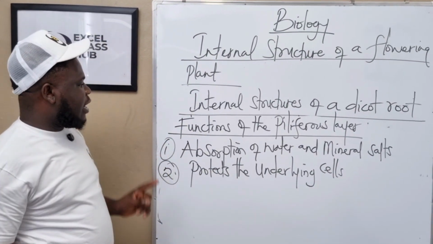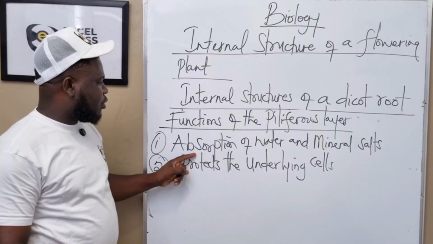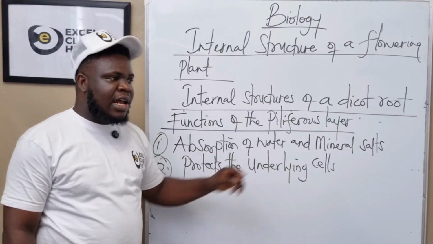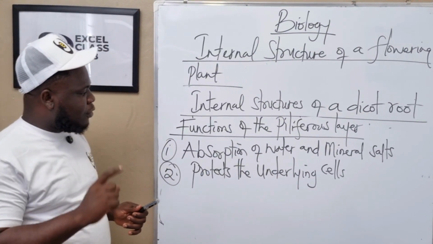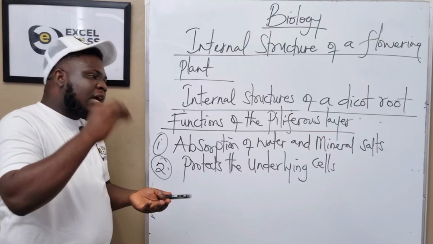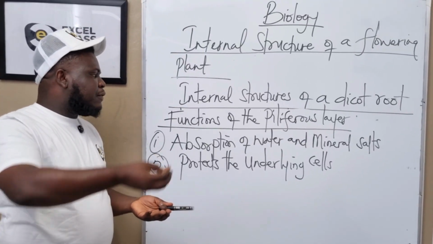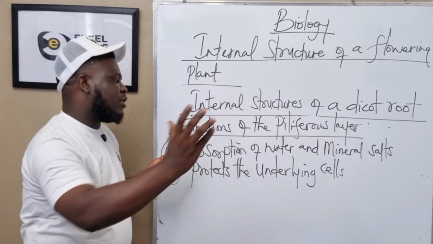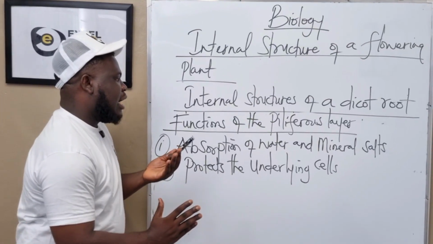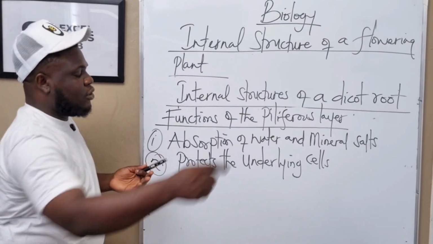So apart from the fact that the piliferous layer helps to absorb water and mineral salts, one other function that it performs is that it serves protective functions for every other cell that is inside or that it surrounds.